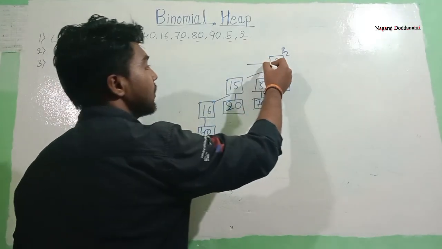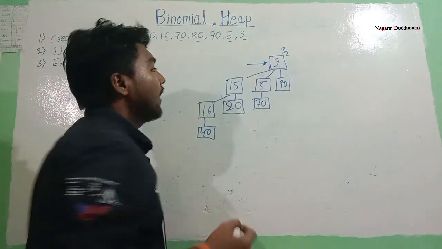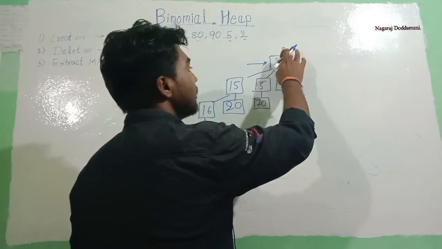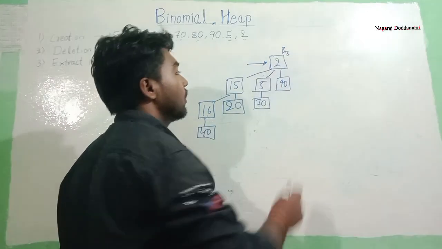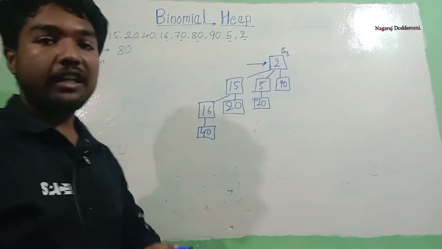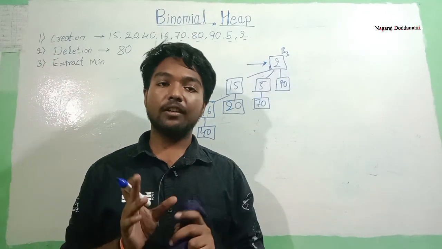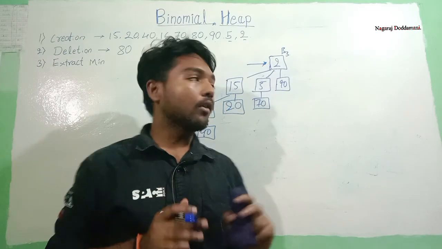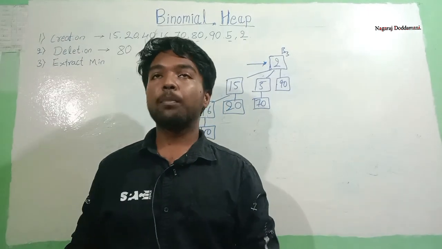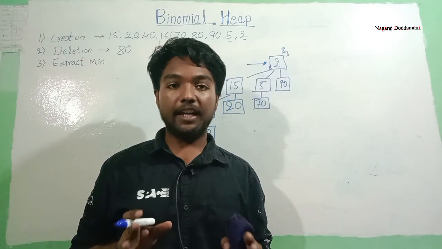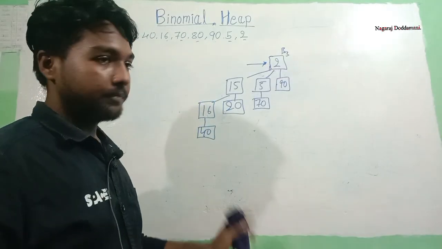So this is a binomial heap of order B3. Okay, so we deleted the value 80 from the binomial heap. After deletion of 80, we got this tree.